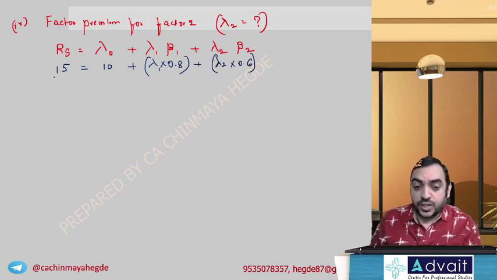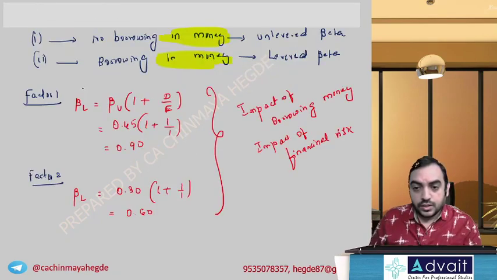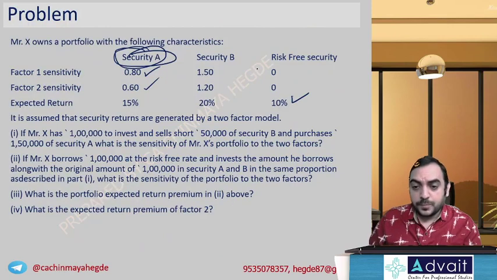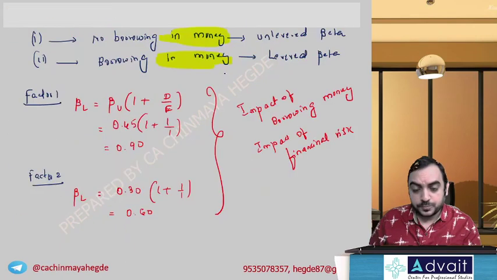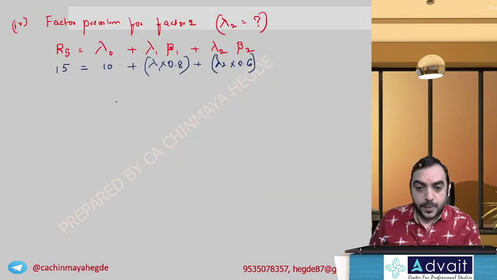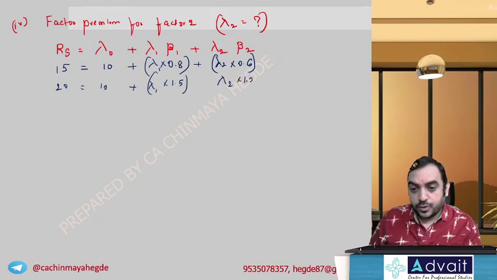Similarly, we do it for security B also. For security B, the return is 20% and beta 1, beta 2 are 1.5 and 1.2.